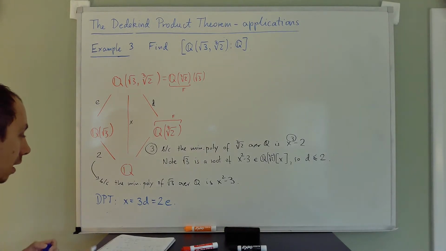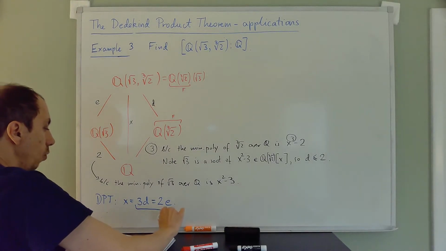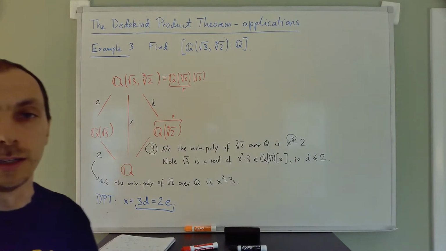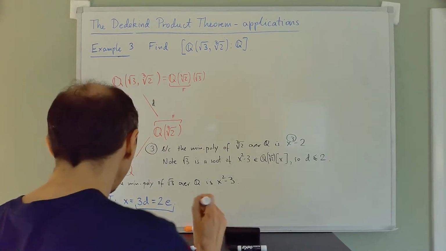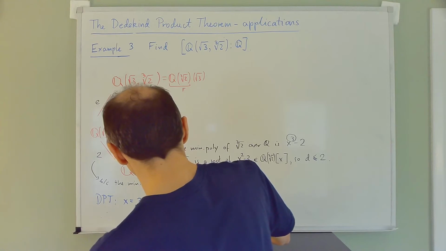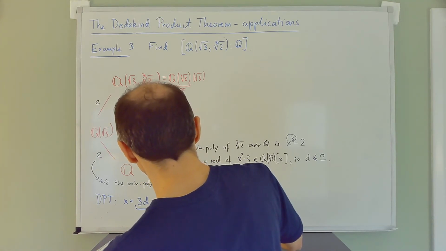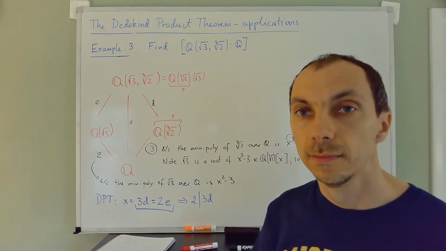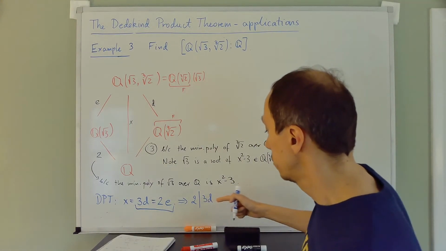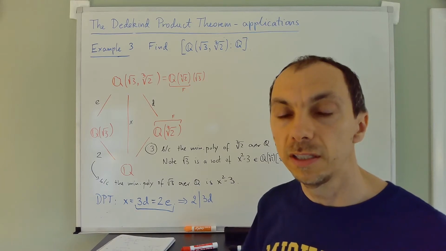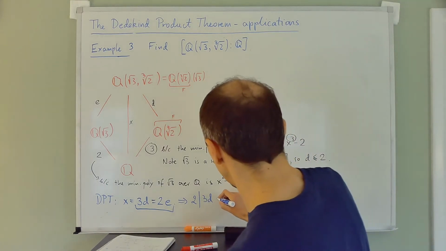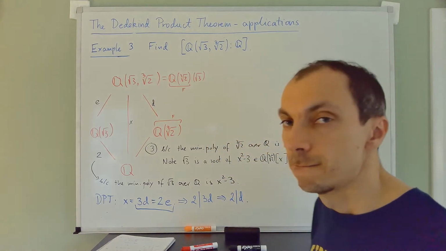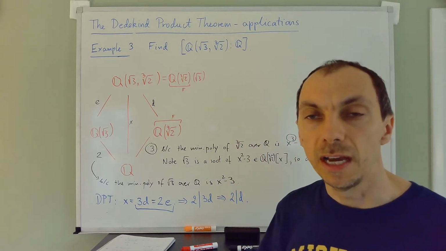Okay, look at this. This is actually quite useful. This means that 2 divides 3d. But 2 is a prime, so it either divides 3 or it divides d, so it must divide d. So I claim we already have an answer.